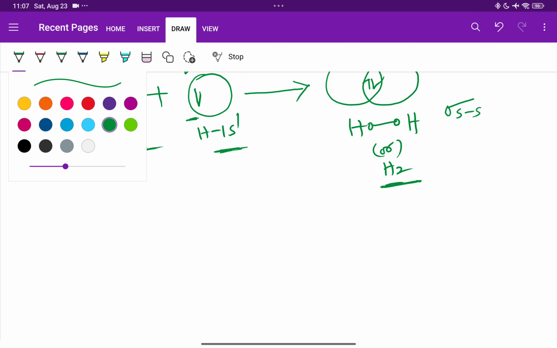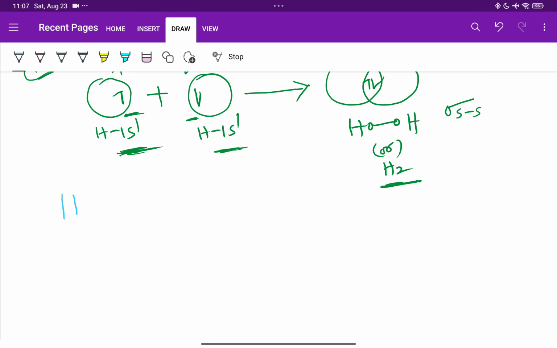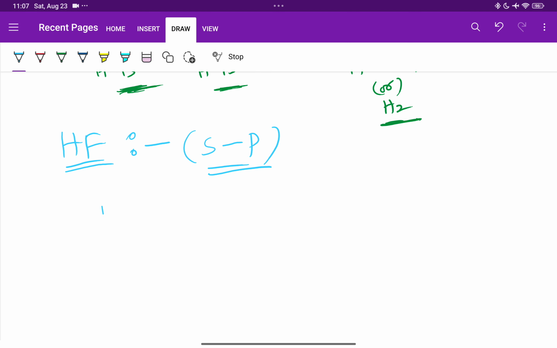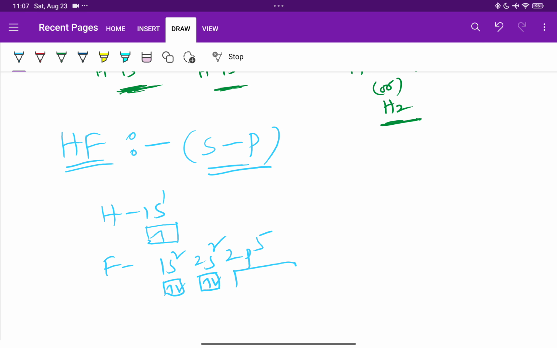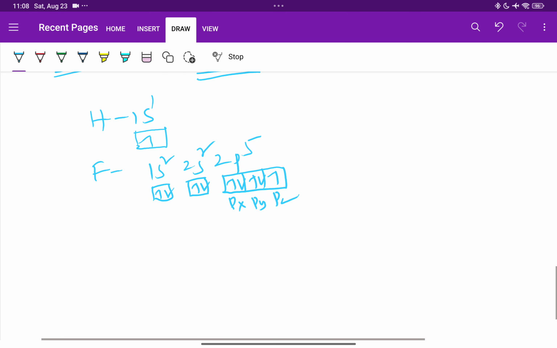Then you can take here HF, hydrogen fluoride molecule or hydrofluoric acid, best example for the sigma bond formation where s orbital and p orbital overlap. So hydrogen 1s1, and you can write like this: fluorine 1s2, 2s2, 2p5. The electrons in the orbitals you can write like this: 2p5. So it is px, it is py, it is pz. One unpaired electron is there in the pz.